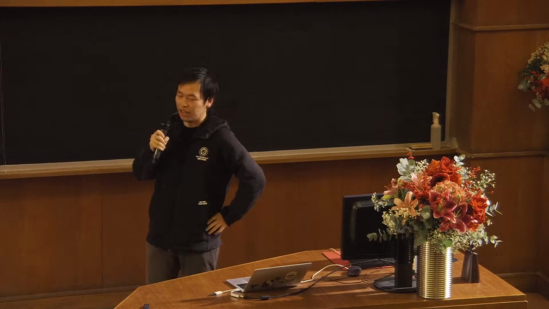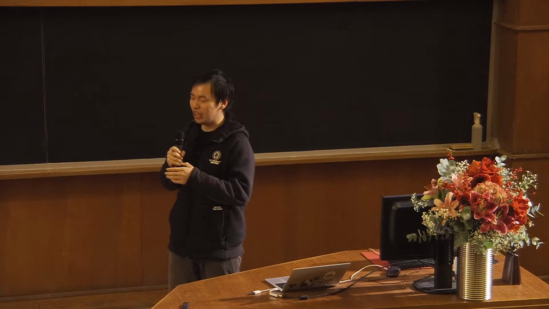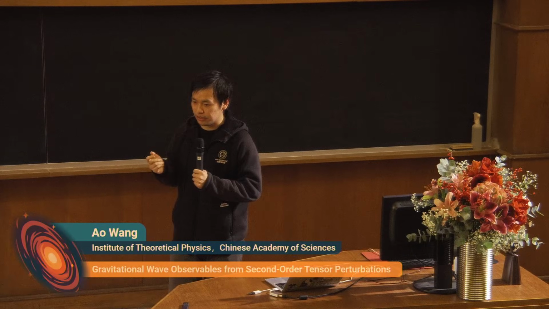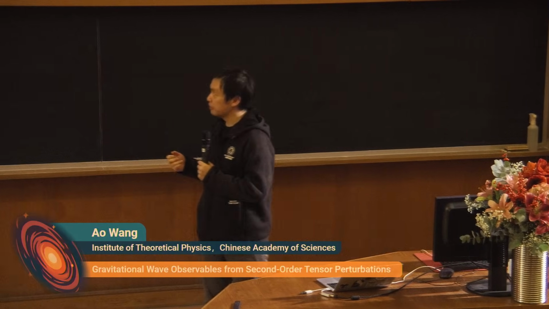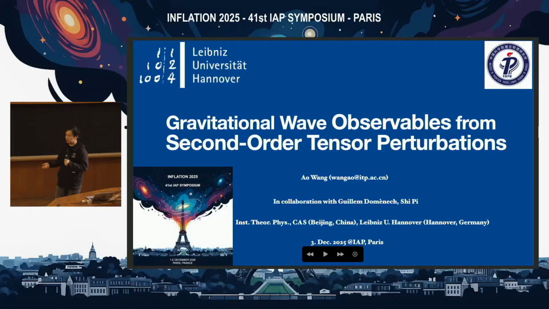Hello everyone, I'm Ao. I'm glad to be here to share my recent project. This project starts with a question: what are we measuring if there is a gravitational wave arising from second order effects?